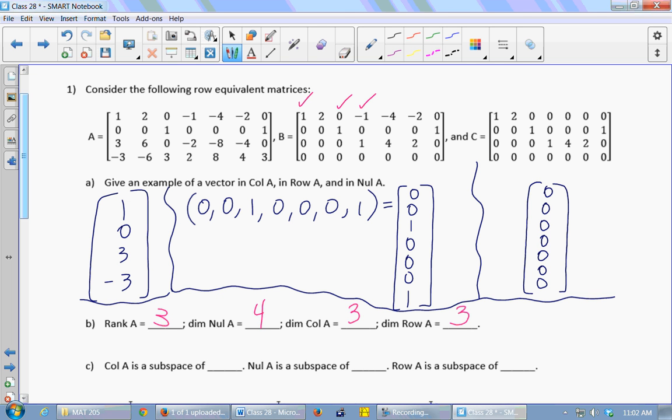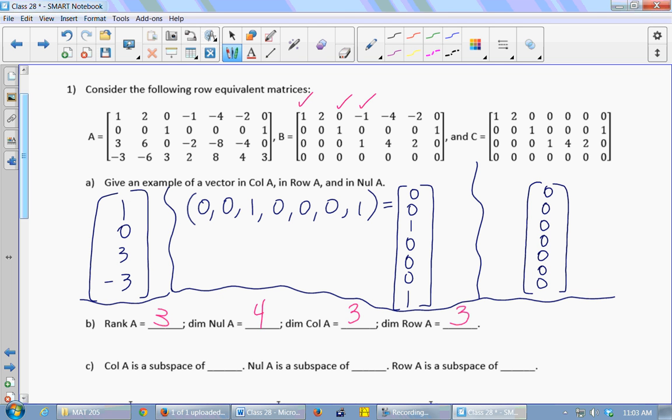Okay, so col A is a subspace of, where do the vectors in the column space of A live? You told me a couple minutes ago. R what?